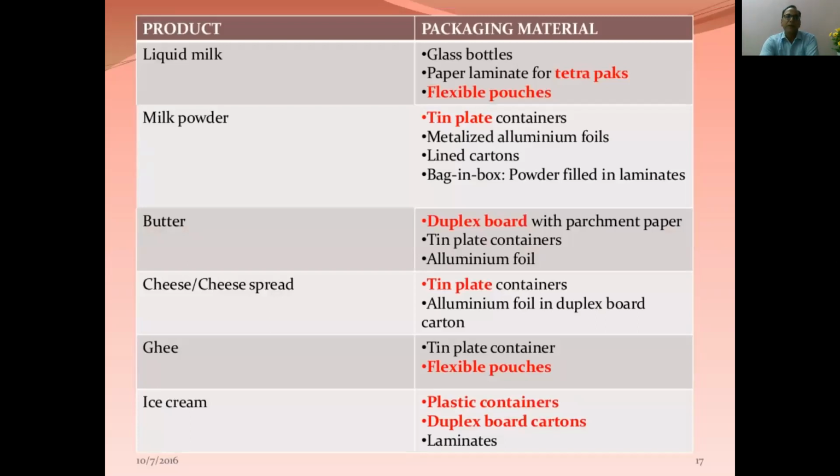If you see liquid milk, it goes in the flexible pouches, and if it is sterilized milk it goes in Tetra packs, in glass bottles in some cases, like Country Delight is delivering its milk in the glass bottles. So in pouches also, because A2 milk is coming more and more in glass bottles.